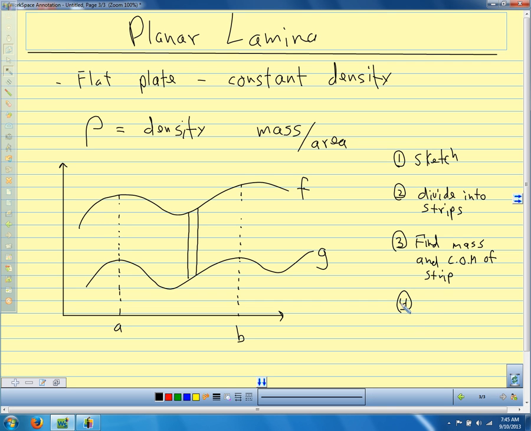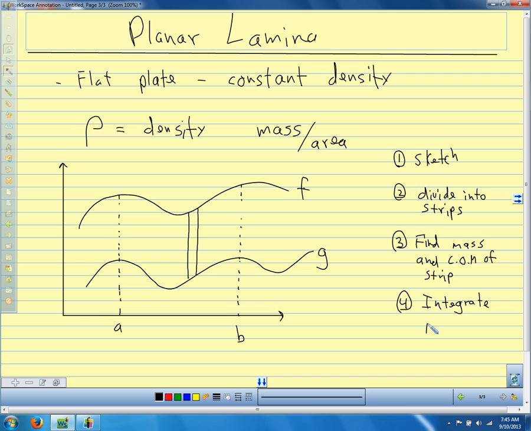And then we're going to integrate over the region to find the center of mass of the region. So we're using the same idea that we've talked about several times, where we're dividing our region into small pieces and then integrating to add all those pieces up. And so we need to find.